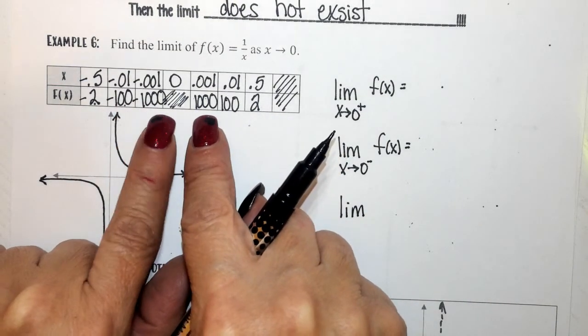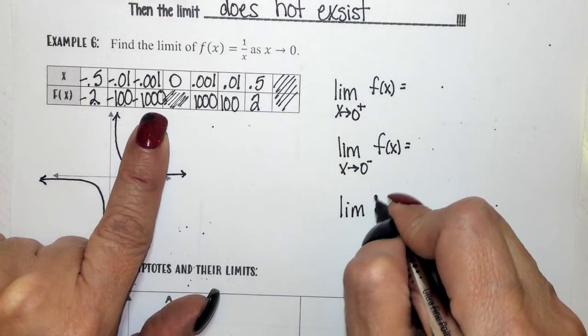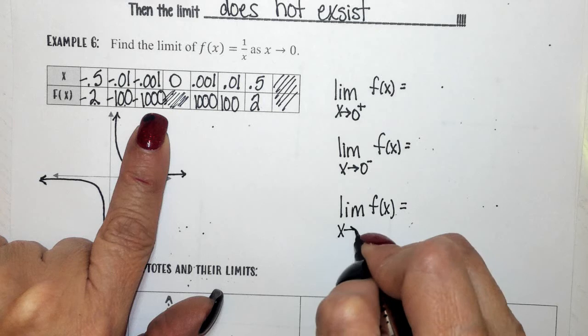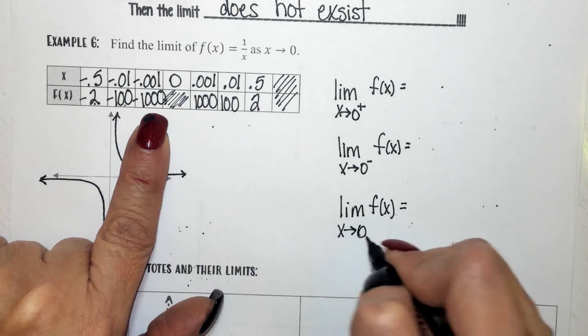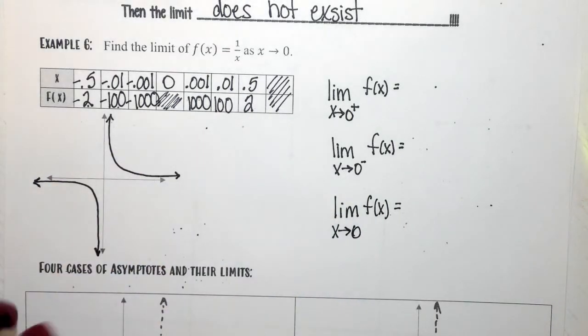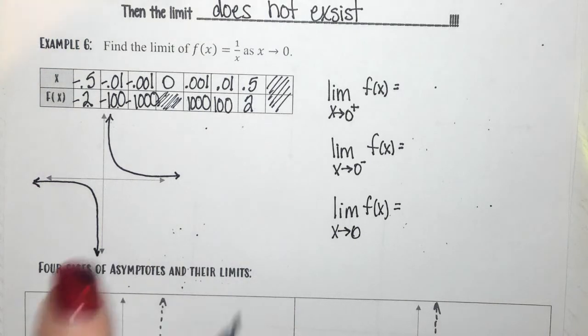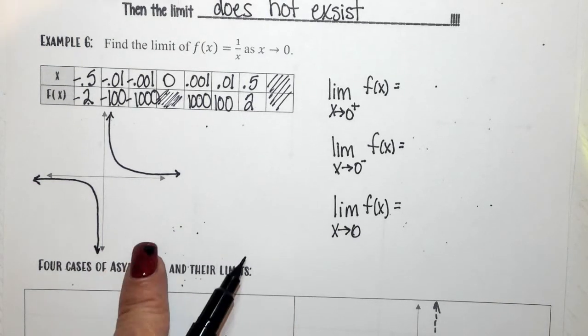This is 1,000 and this is negative 1,000. So it's not doing the same thing. So I'm already thinking, is this the limit does not exist? Because it is not doing the same thing. So I'm thinking it doesn't exist.